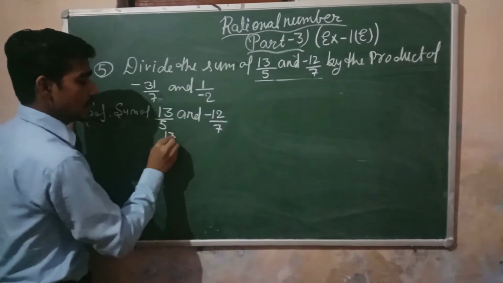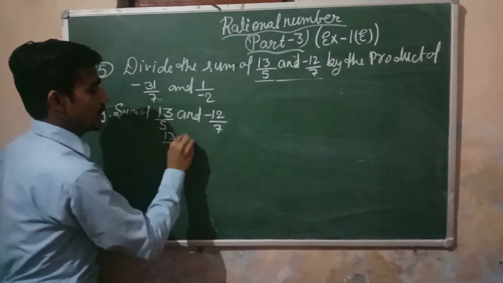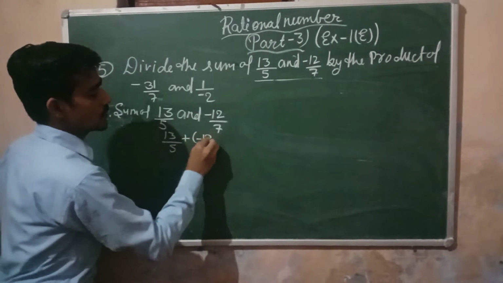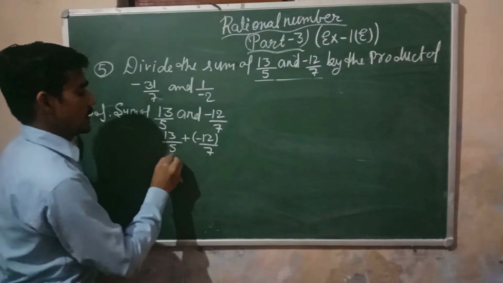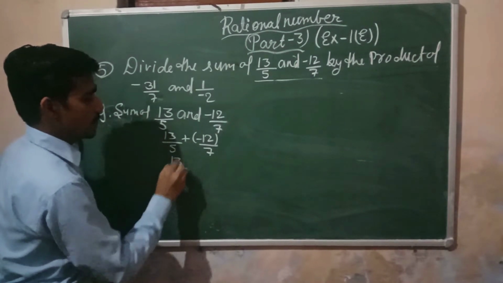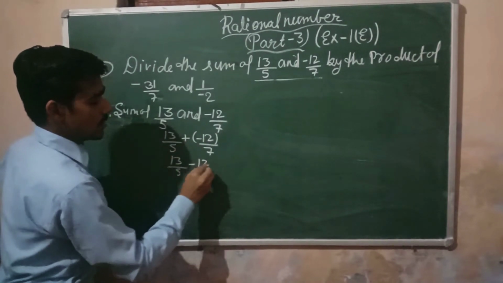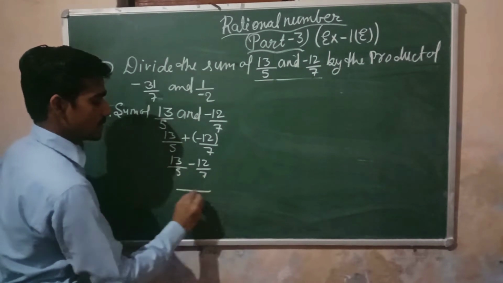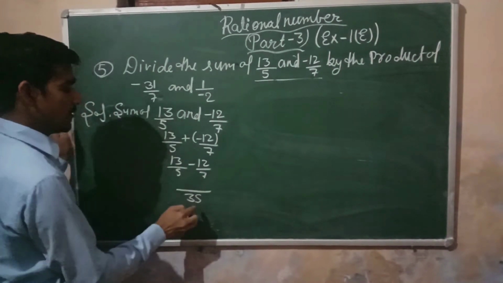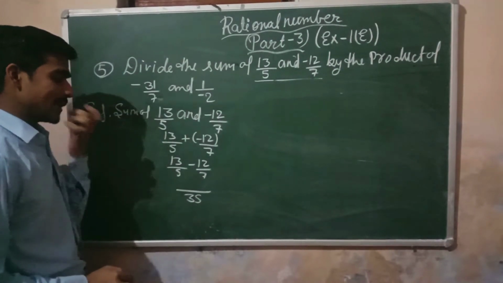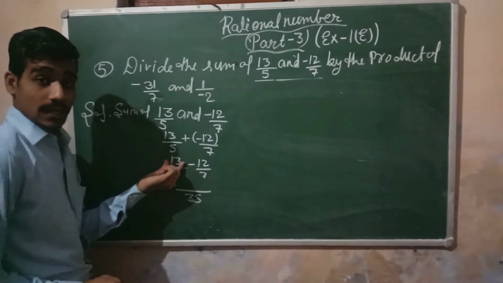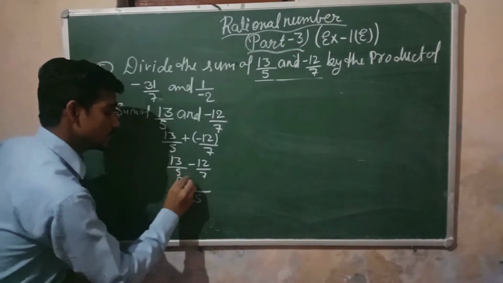13 upon 5 and convert it to plus minus 12 upon 7. 13 upon 5 plus minus 12 upon 7, and take the LCM 35. 35 divided by 5 we get 7, and 7 multiplied by 13 we get 91.